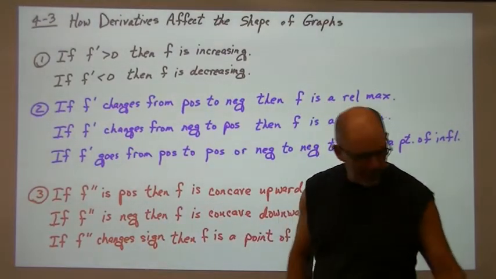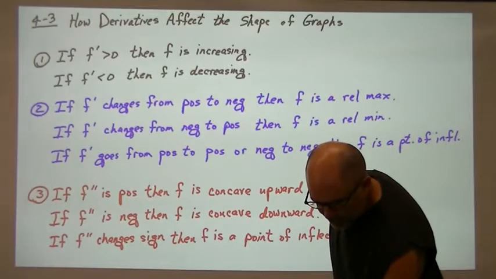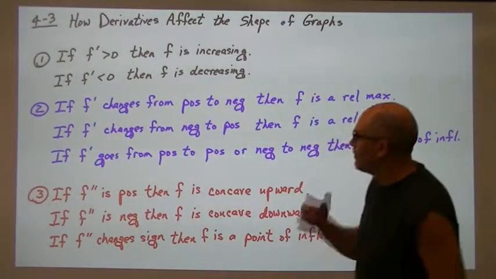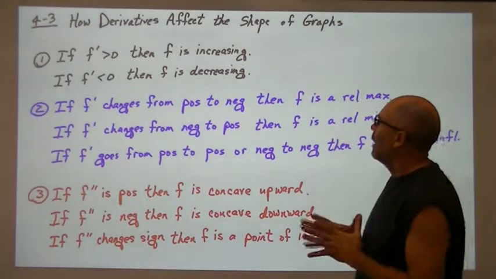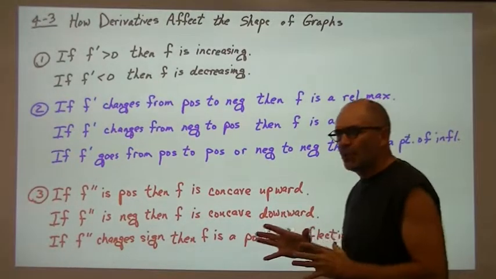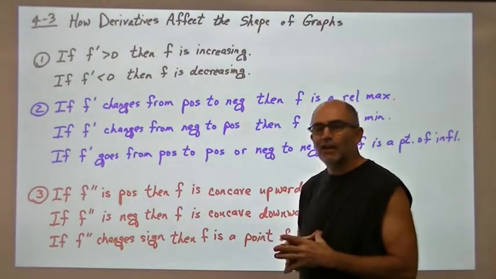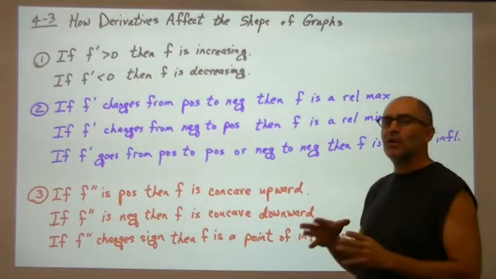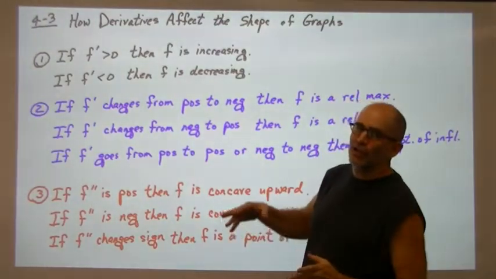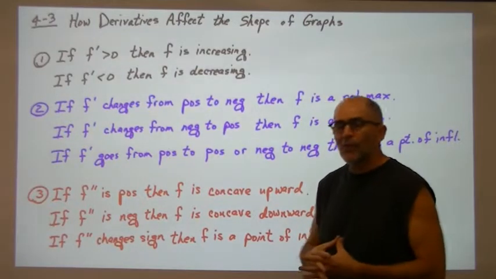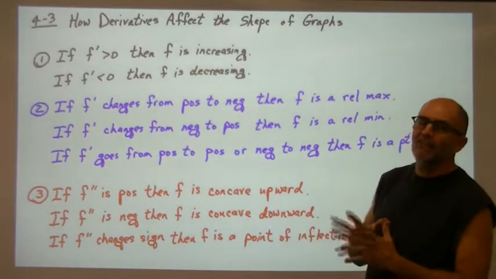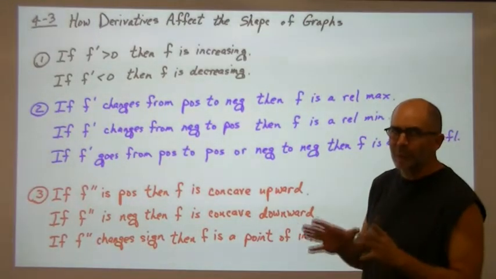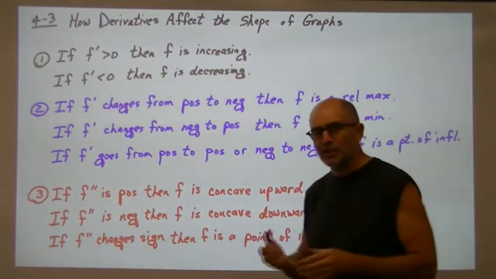Okay, let's get going here. Now, back in the old days, when we had a function, we had no graphing calculator. We had no computer that could graph for us. We had to simply figure out the shape of the graph by the characteristics of the function.